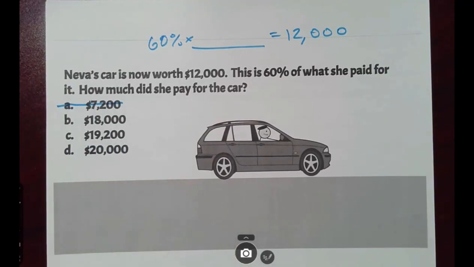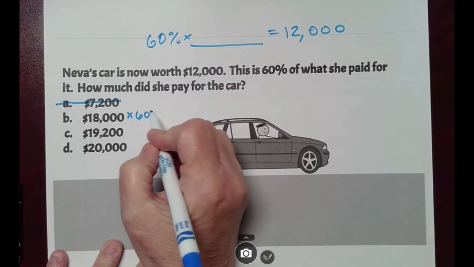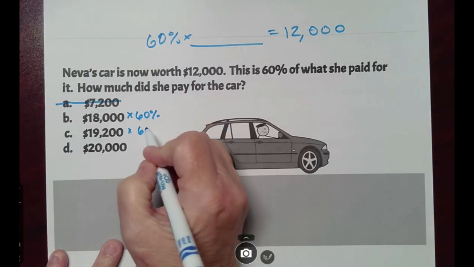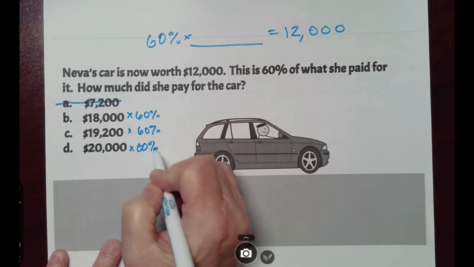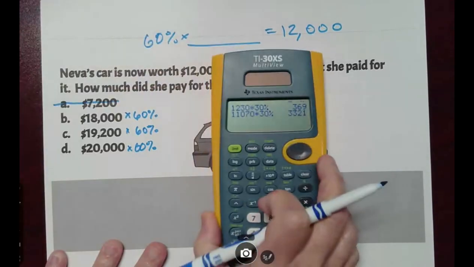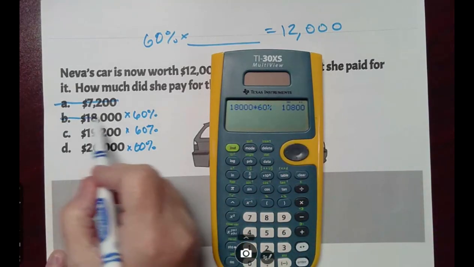And then we're going to use our guess and check strategy to figure out which one of these answers, if I multiply them times 60%, will give me the $12,000 value now. So let's try 18,000 times 60%. $10,000, not right.